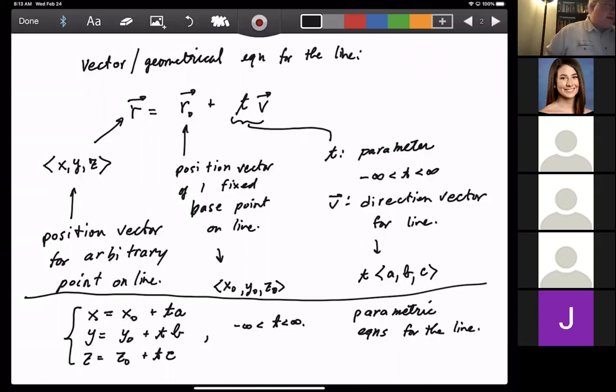And notice the information in the vector representation and in the parametric representation is exactly the same. We're just presenting it in a different way. If I know my vector equation, I just break it up into components to get the parametric equations.